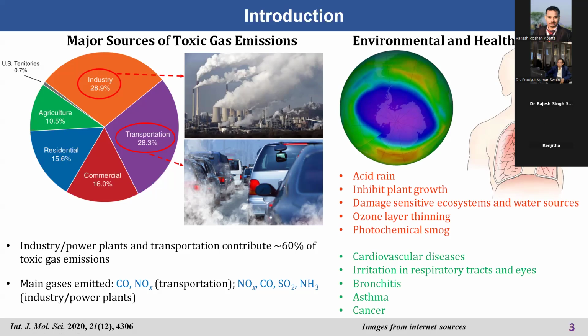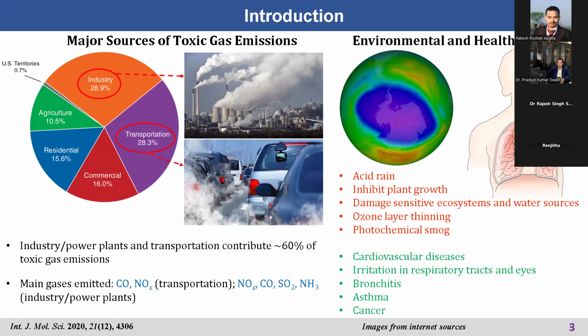On the health side, there is the possibility of cardiovascular diseases, irritation in the respiratory tract, respiratory diseases such as bronchitis and asthma, and finally this can lead to cancer as well.